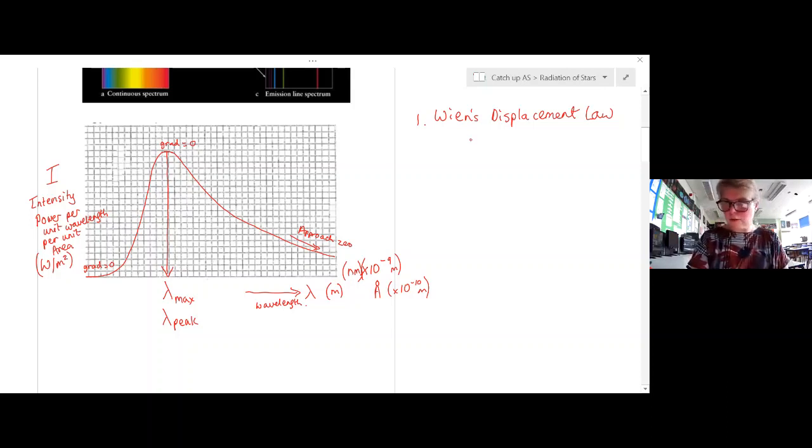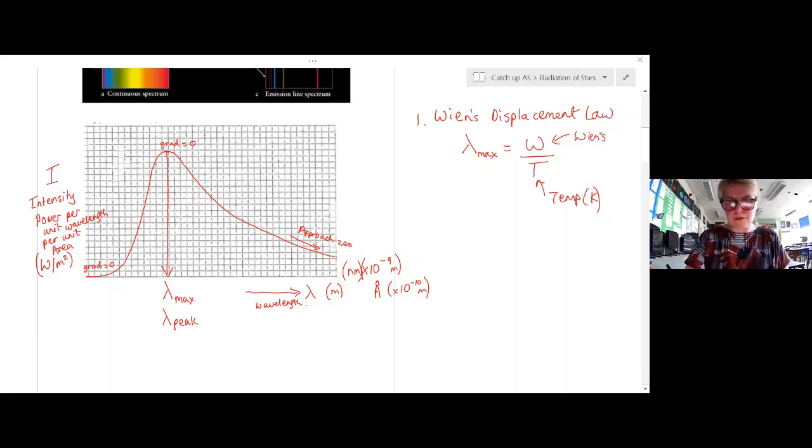So we can write Wien's displacement law as lambda max, or peak, equals W over T, where T is the temperature in Kelvin, and W is Wien's constant.